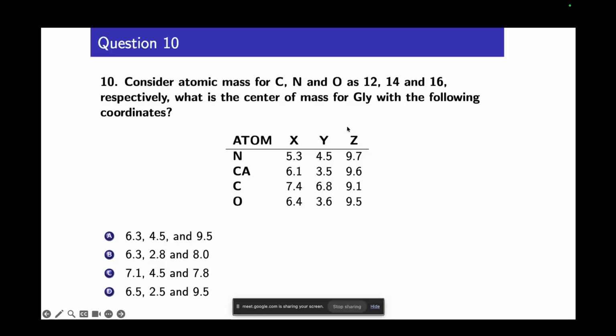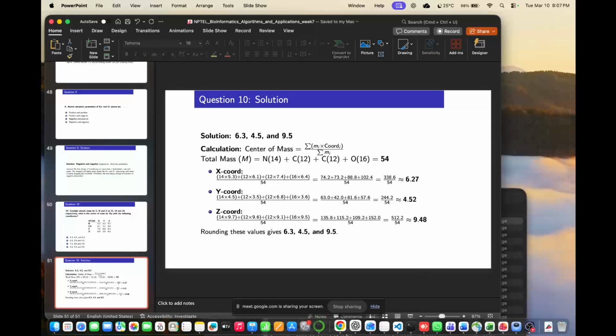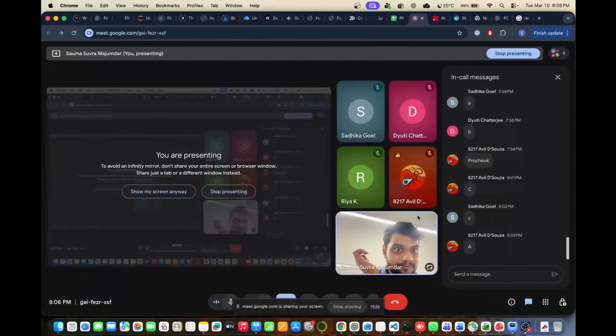Similarly for the y coordinate, similarly for the z coordinate, and you divide by 54, which is the total molecular mass of the compound. And yeah, we're going to get these coordinates. Okay, everyone got it? I hope everyone got it.